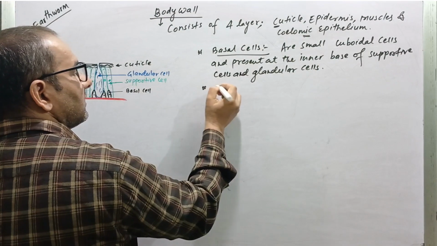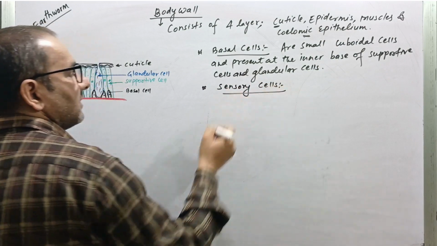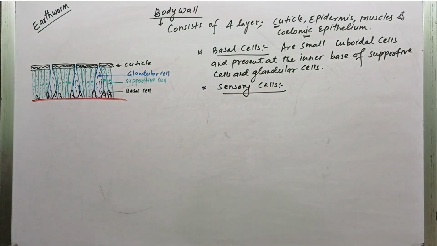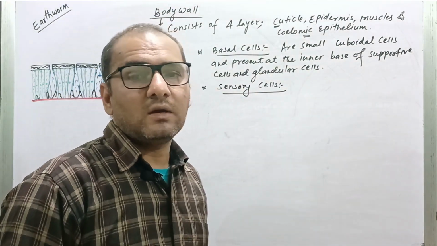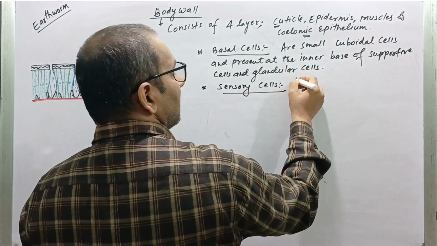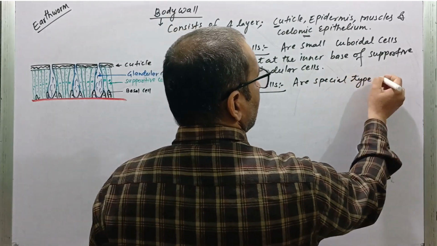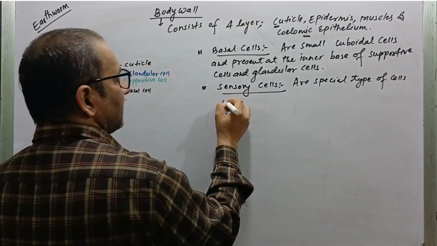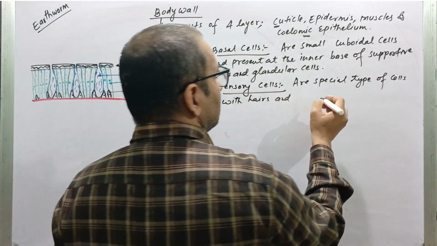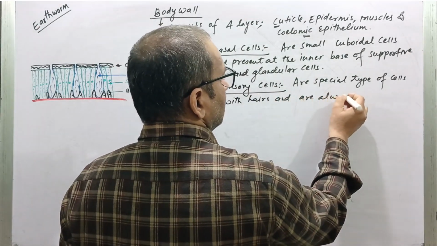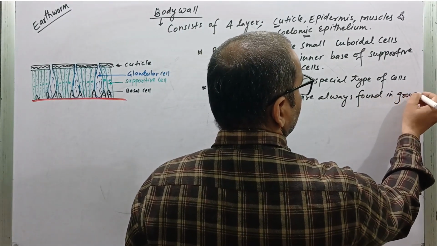The last type is sensory cells. The sensory cells are a special type of cells with hairs, which are found in groups.